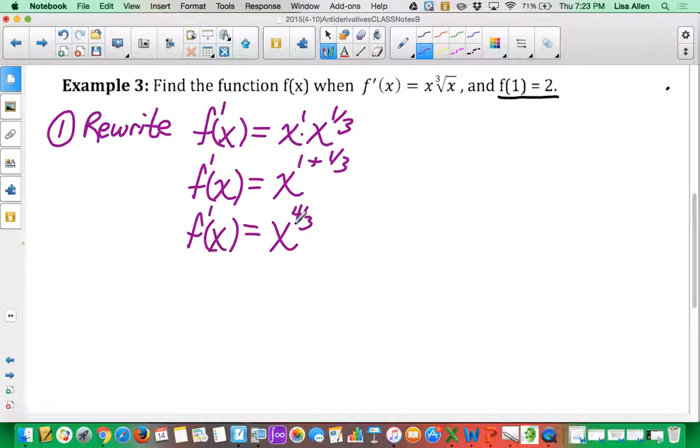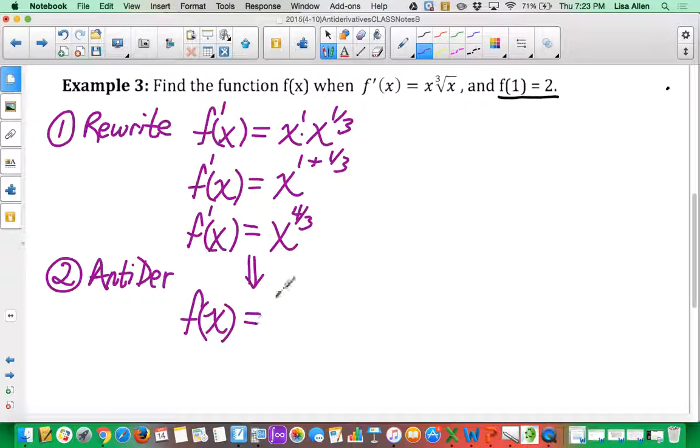So with that, then now I will begin to take my antiderivative. So I'm just going to write this antiderivative. Because now I have my expression for f prime written as a power, I'm going to take the antiderivative of x to the 4/3 by saying f of x, the function then, is equal to x to the 4/3 plus 1 over 4/3 plus 1.